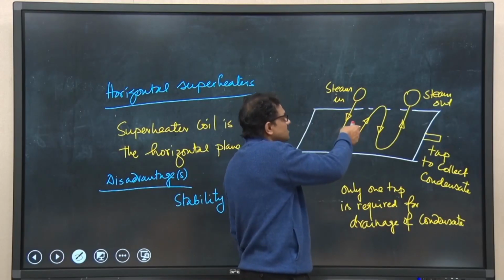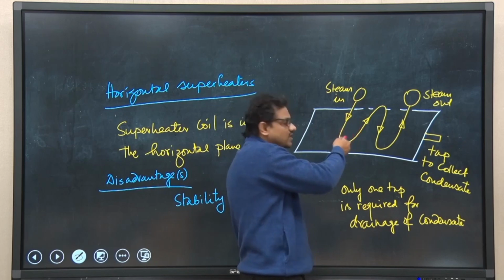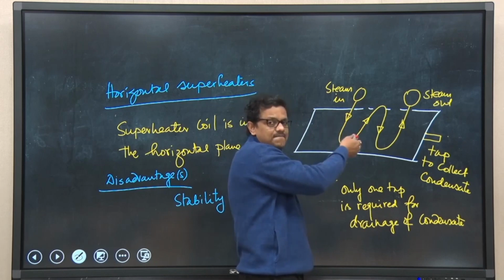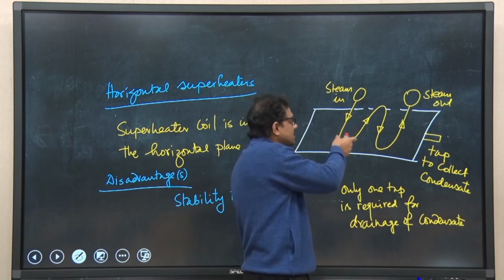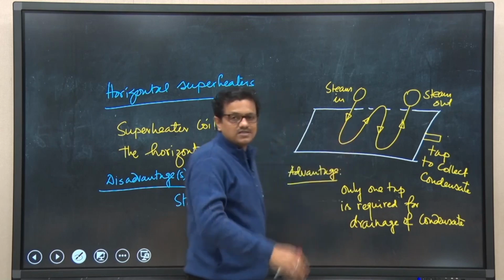Since steam will be flowing through this coil, because of this flow there will be a change in momentum. So, to keep the superheater in place we need to have proper support.